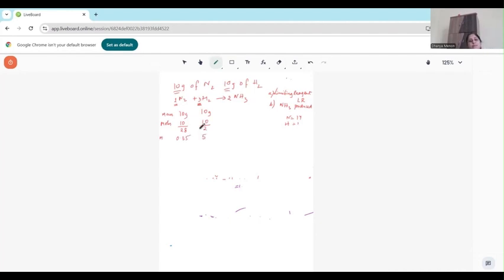Now, these are the steps. These you have to remember. First, write down the mass that's given to you. Next, find out the number of moles. Moles you already know, mass over molar mass. Now you have to divide by the stoichiometric coefficients.